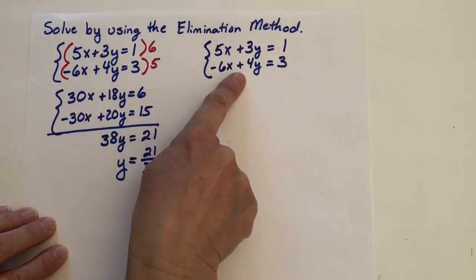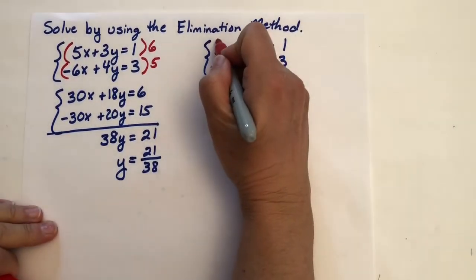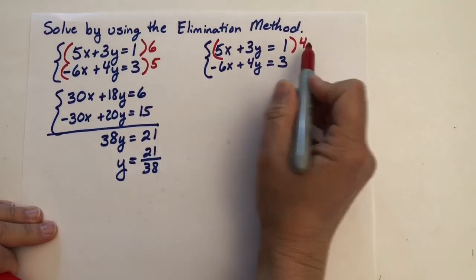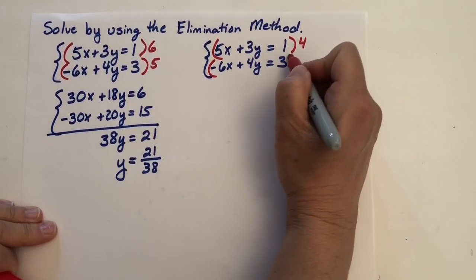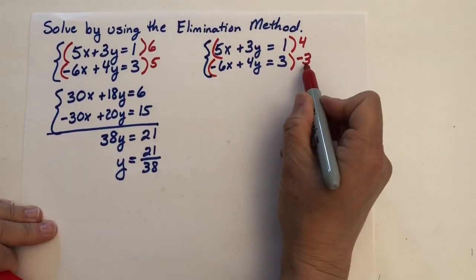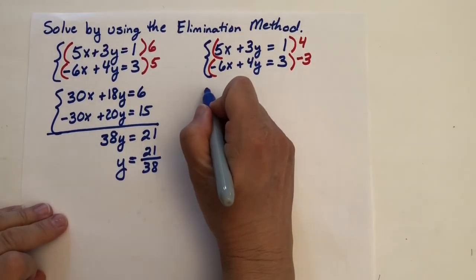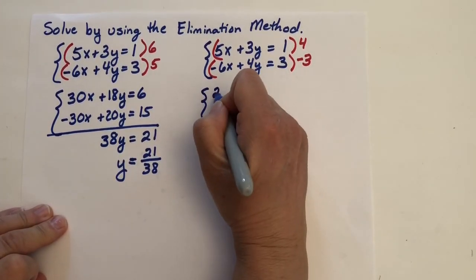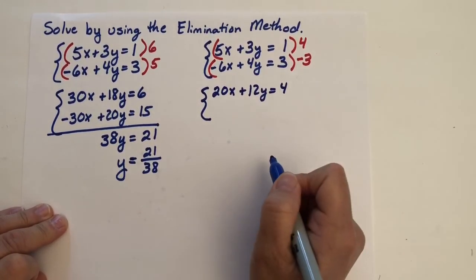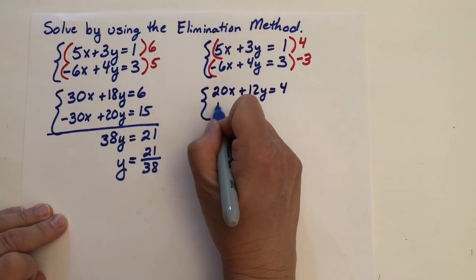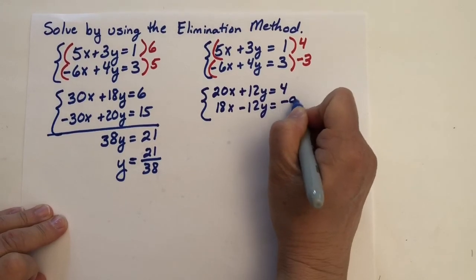I know 3 and 4 both go into 12. So I'm going to multiply this equation by 4 to make it a positive 12. Now they do need to be opposites. So I'm going to multiply this equation by -3 to make that become a -12. So my system now becomes 20x plus 12y equals 4, and 18x minus 12y equals -9.